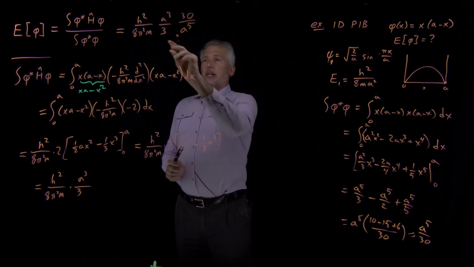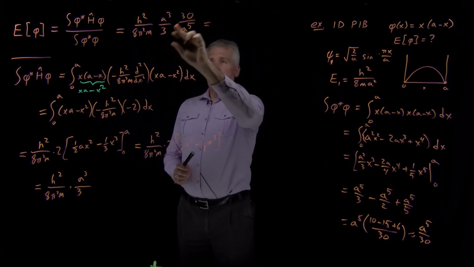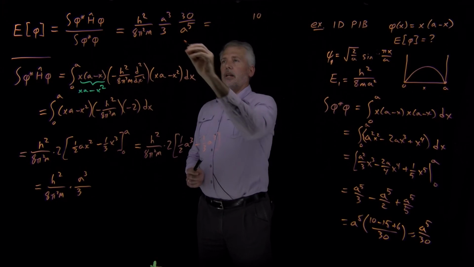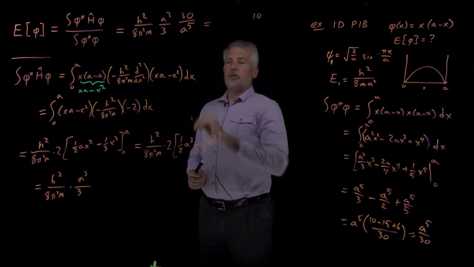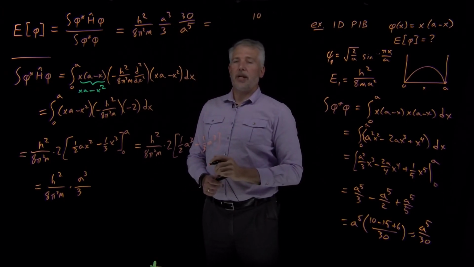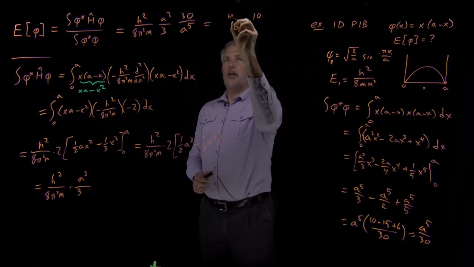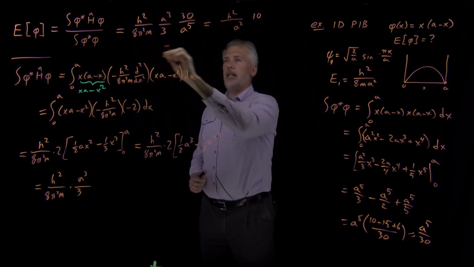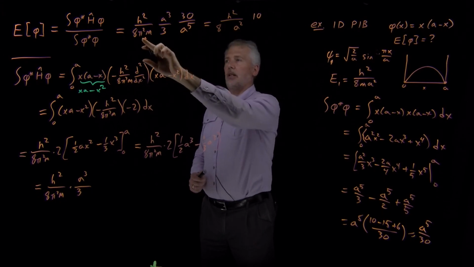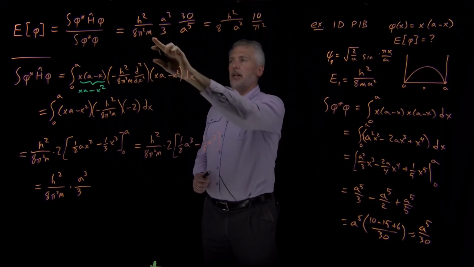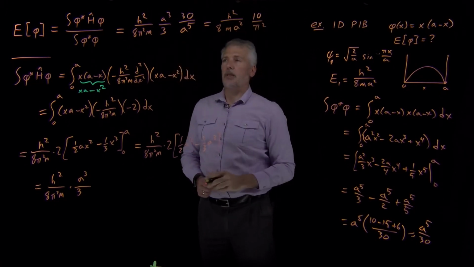Let's see, the 3 cancels, the 10 cancels the 30 and leaves me with a 10. The a cubed cancels 3 of the a's hiding in the a fifth, so I get an a squared in the denominator. I've still got an h squared on top, an 8 in the denominator, the pi squared in the denominator. I'm going to move over to here, and I've got an m in the denominator.